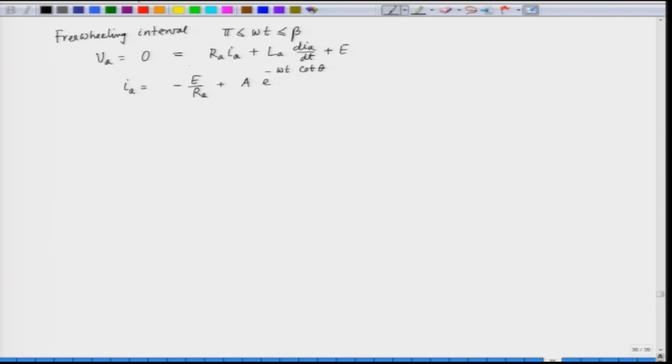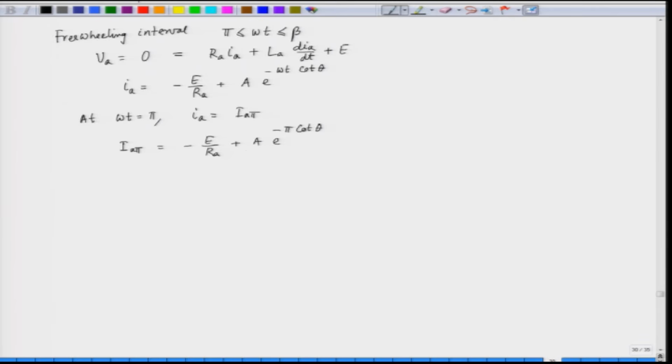This is the solution of the differential equation, and we can substitute the initial value at omega t equal to pi, I_A equal to I_A(pi). So, I_A(pi) is equal to minus E by R_A plus A exponential of minus pi cot theta.